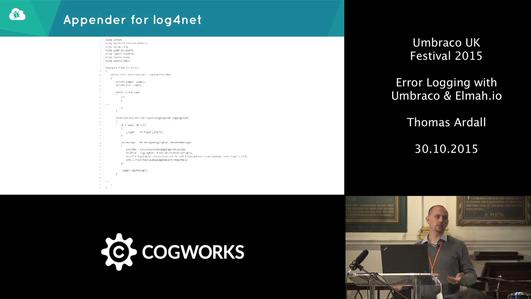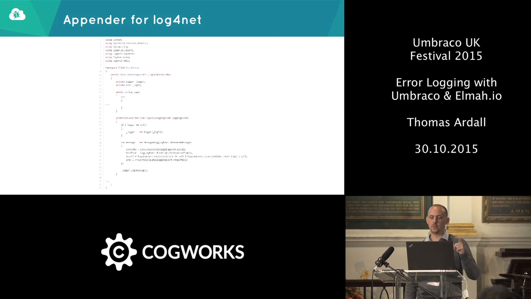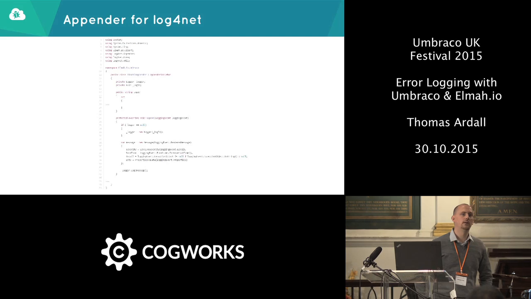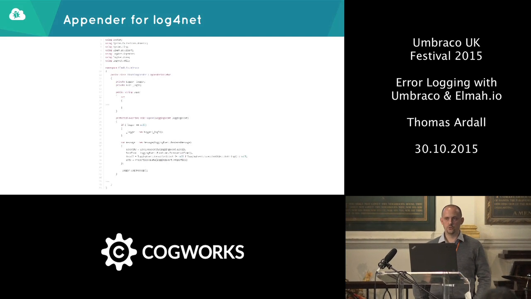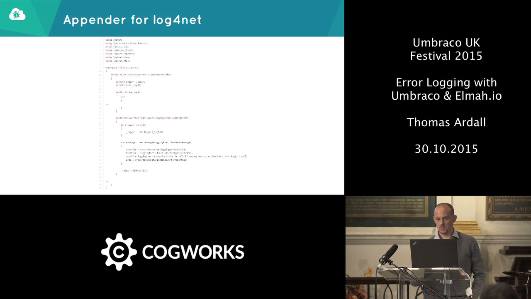You just need to extend the AppenderSkeleton class, and you get a method called every time log4net tries to log something. In this case, we have a small .NET client which wraps our API, and we just use that client to log these messages in Elmah IO as well.